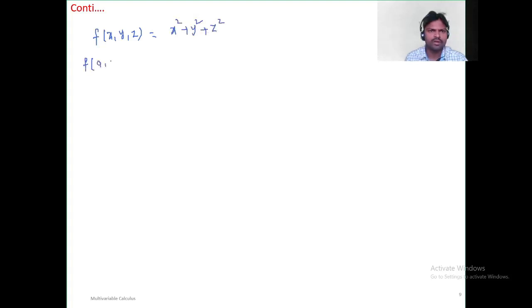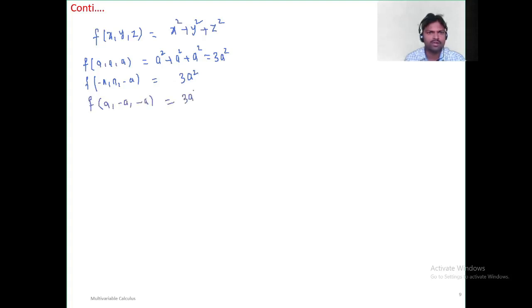F of a comma a comma a is a square plus a square plus a square, which is 3a square. Next, f at minus a, minus a: again the same story, 3a square only because squares are there. Next, f of a comma minus a comma minus a: again 3a square only.